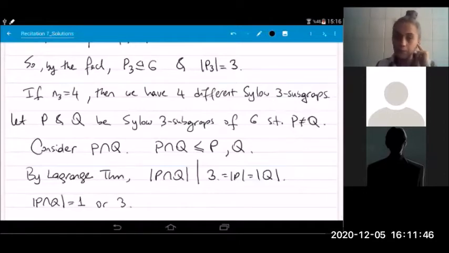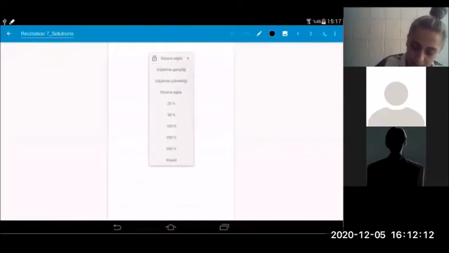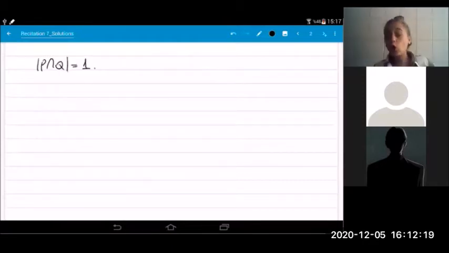Can it be 3? No, because we pick them to be different. Since we have taken these two Sylow 3 subgroups as different Sylow 3 subgroups, they cannot intersect in all elements, as P is different from Q. So we have concluded that the subgroup P intersection Q has only one element.